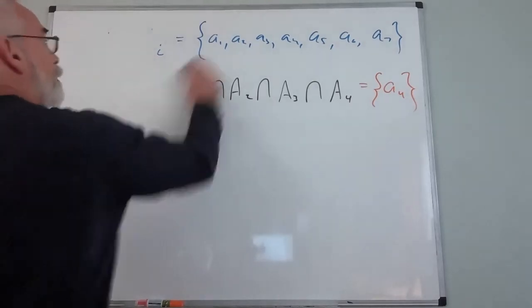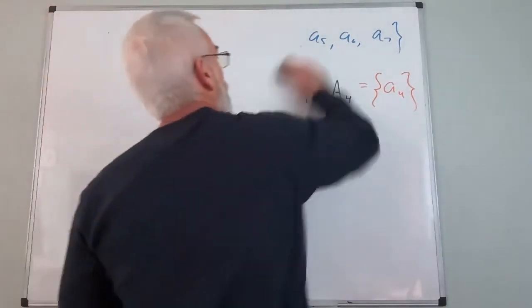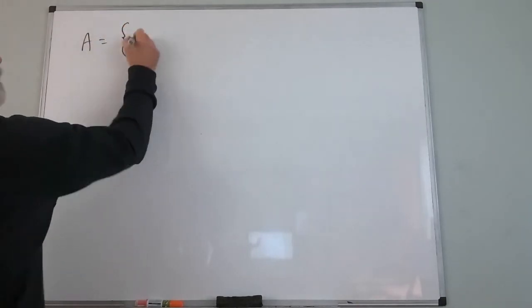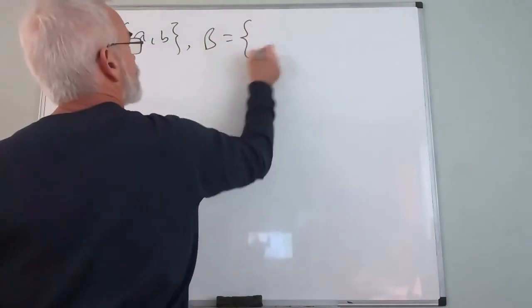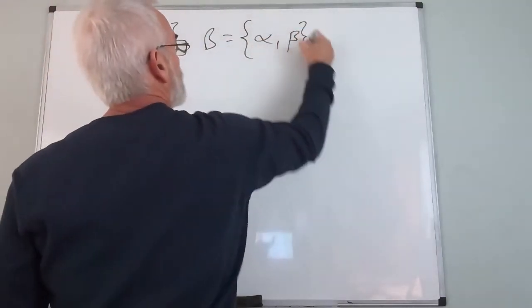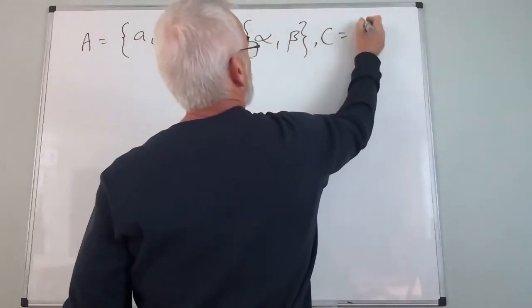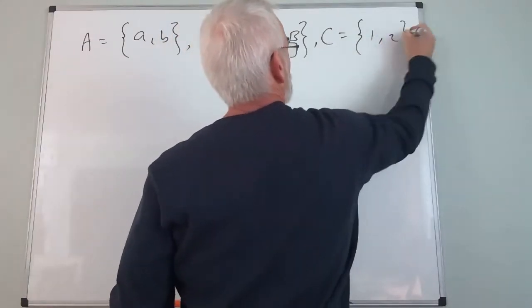Now, the other one I want to review, because it's going to come up, is the Cartesian product, which we did on day 1 of class. So I'll keep it simple. If set A is {a, b}, set B is, let's say, {alpha, beta}, and set C is {1, 2}. I'm going to keep these small.